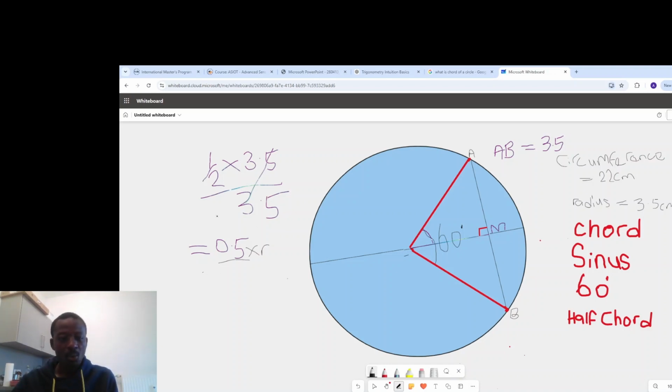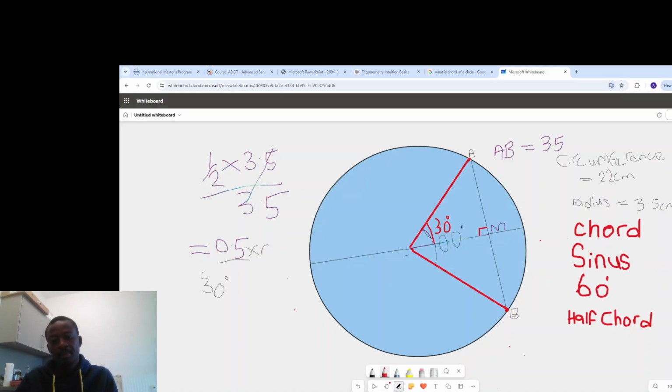And with the same principle, if 3.5 is 60 degrees, then half of 3.5 would give us 30 degrees. And it means that this angle here is 30 degrees.